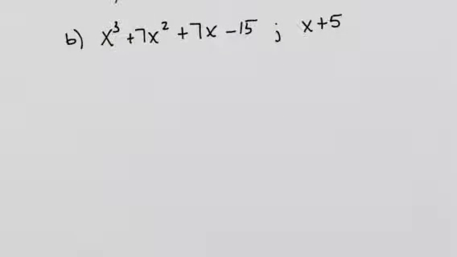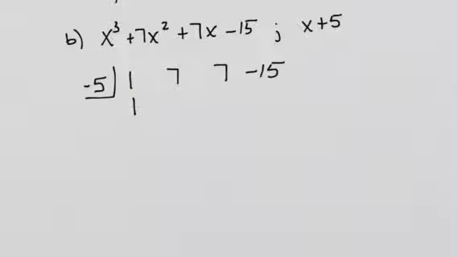Again, we'll look at the second polynomial to determine the k value that goes in the box. We'll take the opposite sign than what it appears, negative 5. We'll take the coefficients of the given polynomial. Every power is represented, 3, 2, 1, and none. So the coefficients are 1, 7, 7, negative 15.